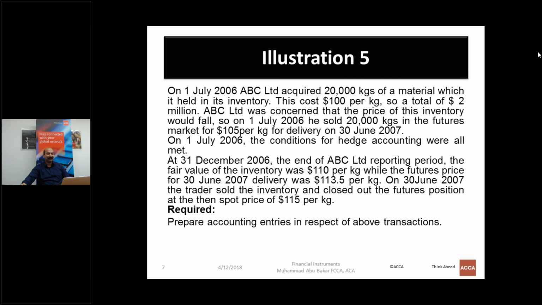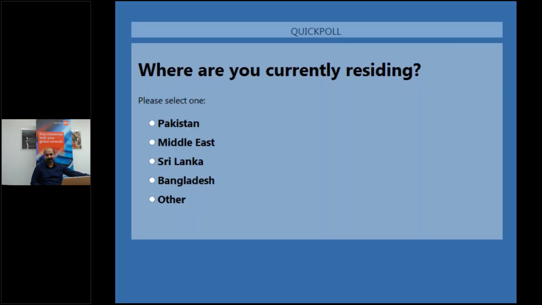You relieved us. Otherwise, we were thinking, what should we do? And thank you very much. And I am going to pop up the last question that is about their current residing country from where they are attending ACCA.